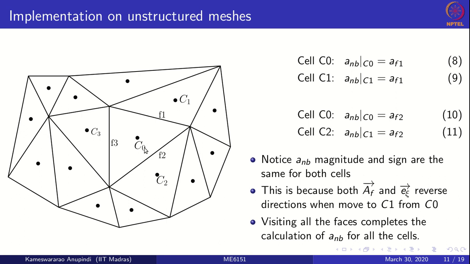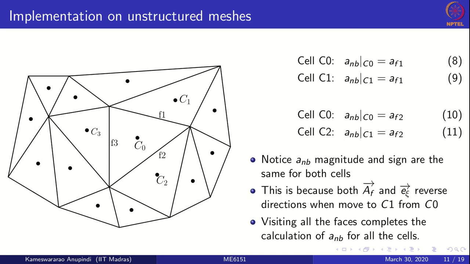Those 3 neighbors will be populated when you have already visited F1, F2 and F3. Similarly, once you visit all the faces, then for every cell, their neighbor coefficients would have been filled already, right?